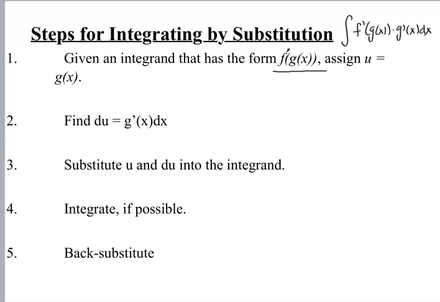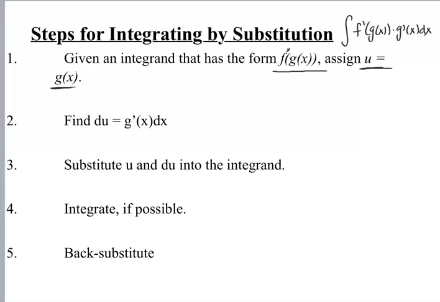Let's assign the variable u to the g of x portion, to that inside portion of the composite part. I can use that then to find du. So I can differentiate both sides of the equation that I set up in step 1 and find du.